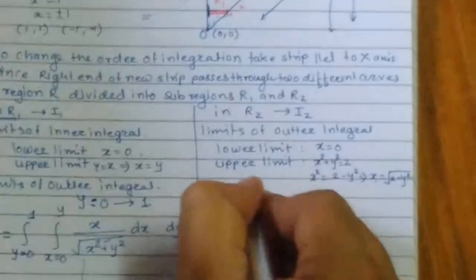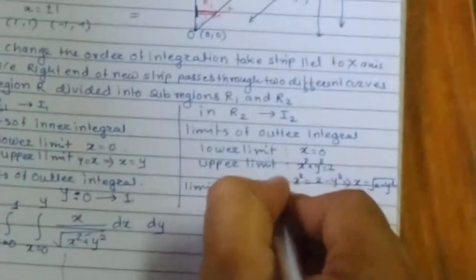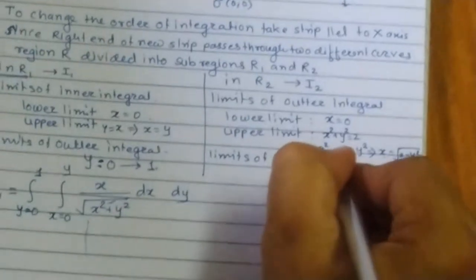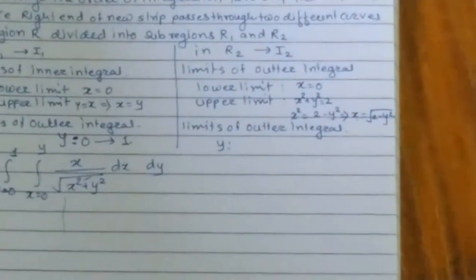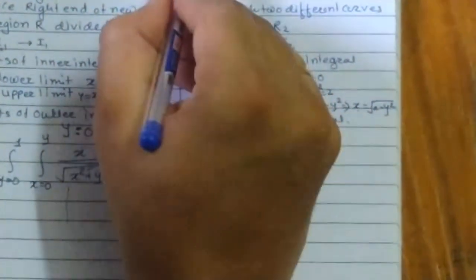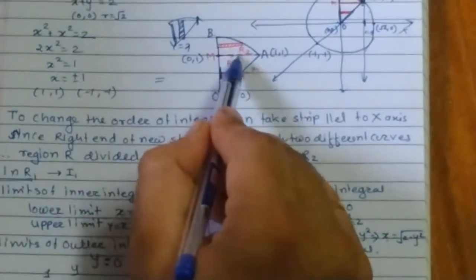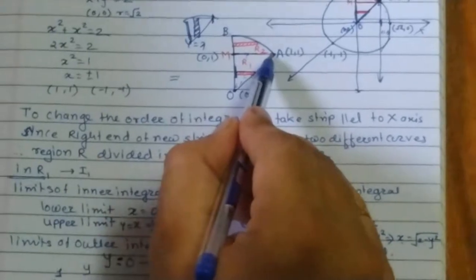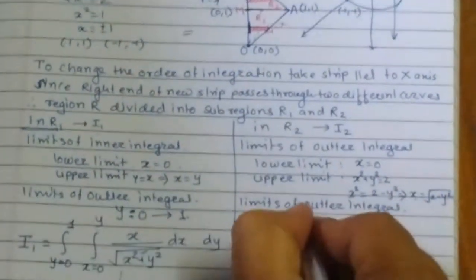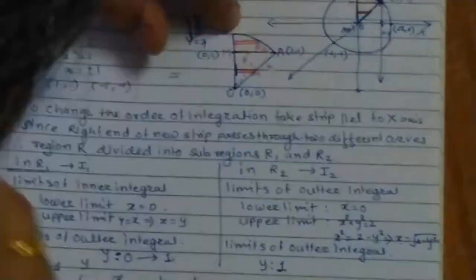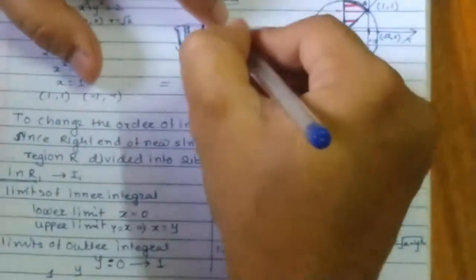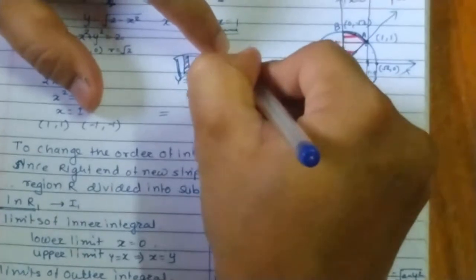Next, the limits of the outer integral. Of course, these are the limits of y. Right now your strip is at AM. So at AM y is 1. You will start moving it in the upward direction up to the point B. The coordinates of the point B are 0, root 2.